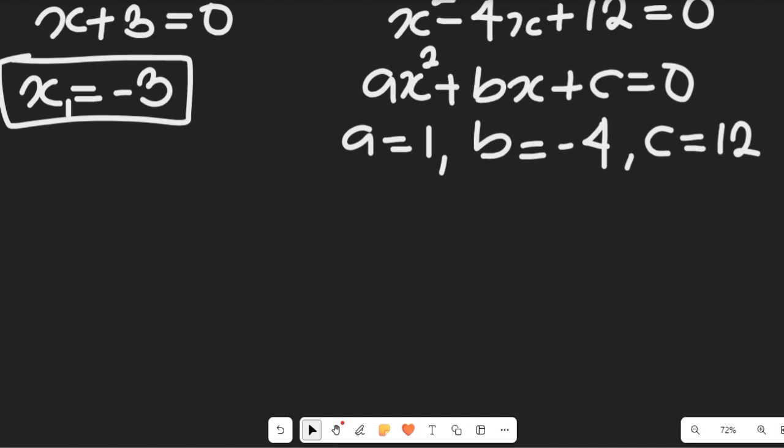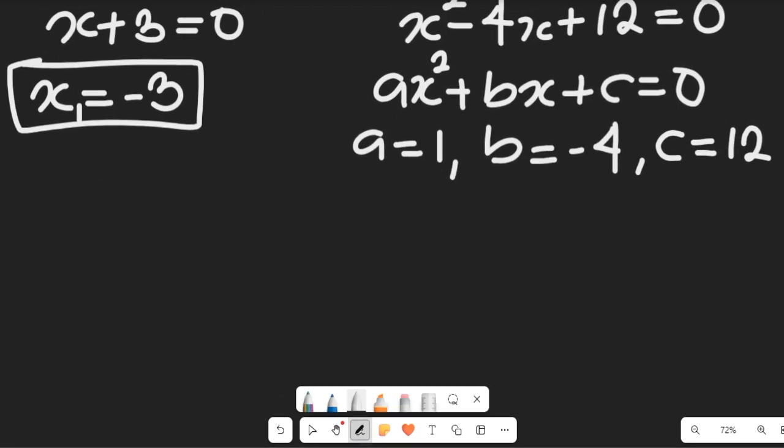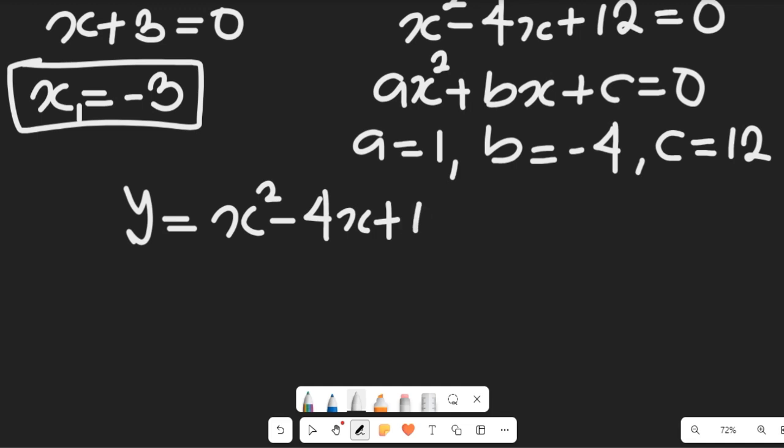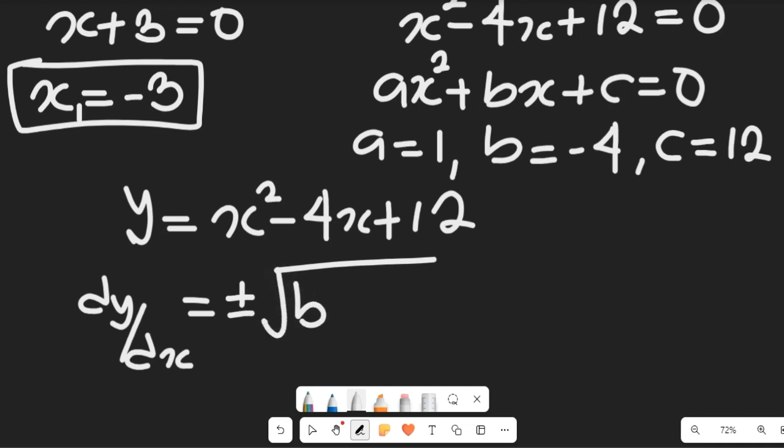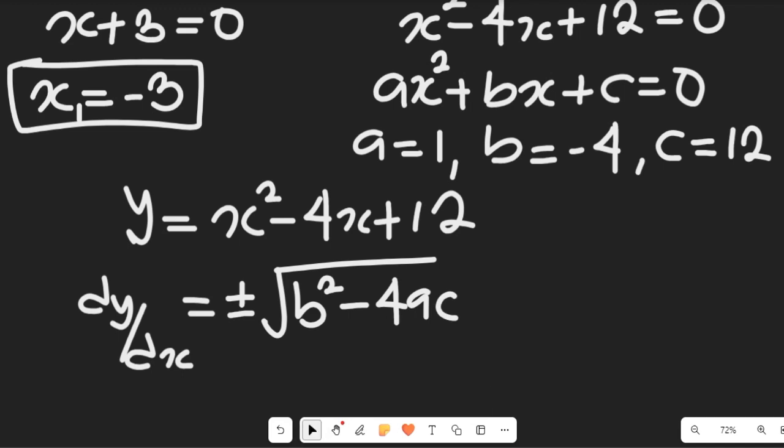Now I'll use a different law to simplify this expression so that I'll have the other two solutions, which would be the quadratic formula, but I'm not going to use the quadratic formula. I guess what I'm going to use, if I make this expression y equal to x squared minus 4x plus 12, that means if I find my dy/dx and then equate it to plus or minus the square root of b squared minus 4ac, I'm going to find the value of x.